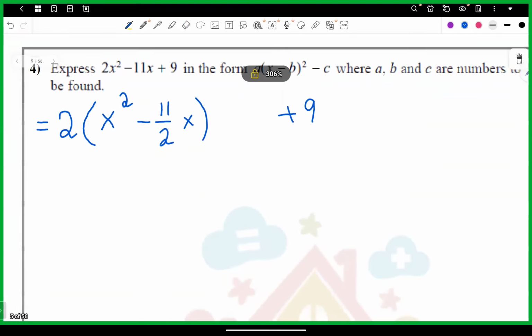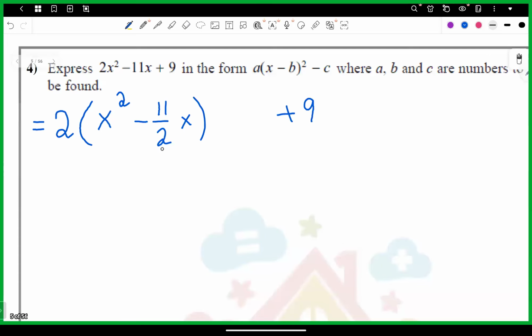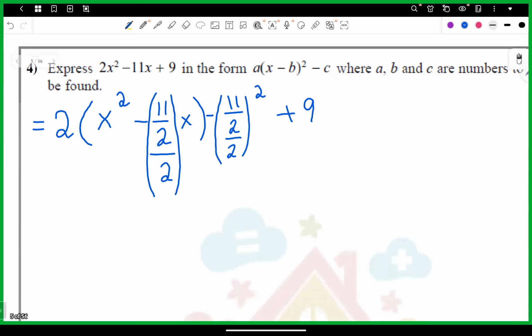Don't forget that I have to divide b by 2, and write this 11 over 2 divided by 2, and subtract it and put it in a square like this. Okay, so I have to divide b, 11 over 2, by 2, and then 11 over 2 divided by 2, but with the takeaway sign outside.